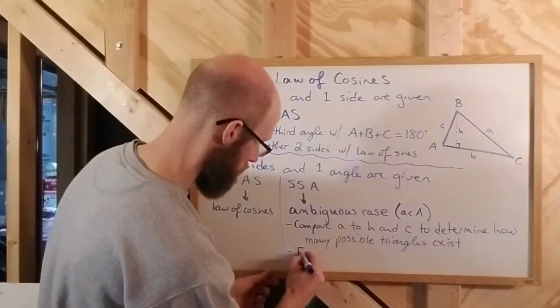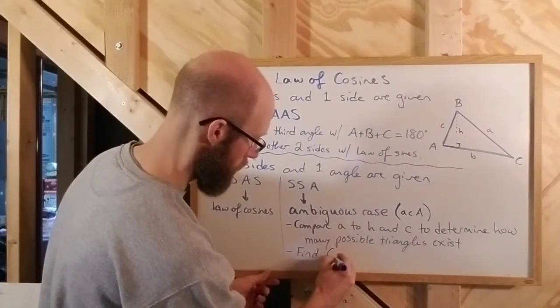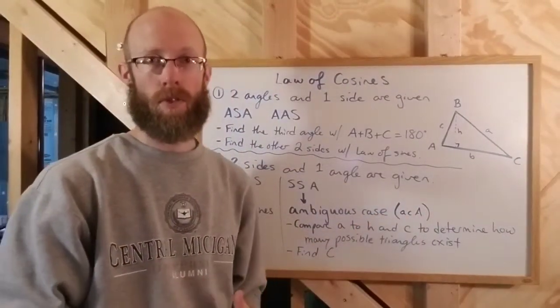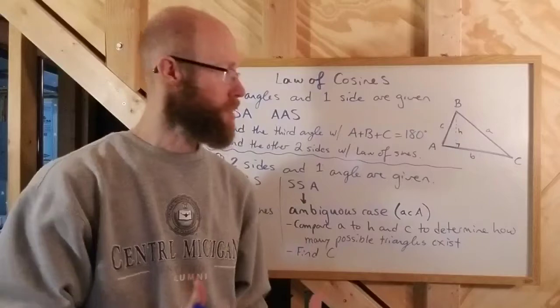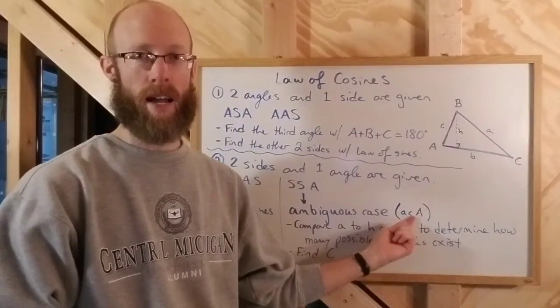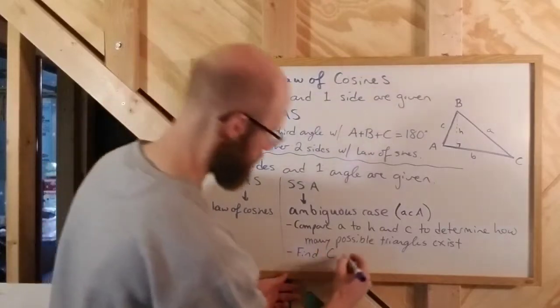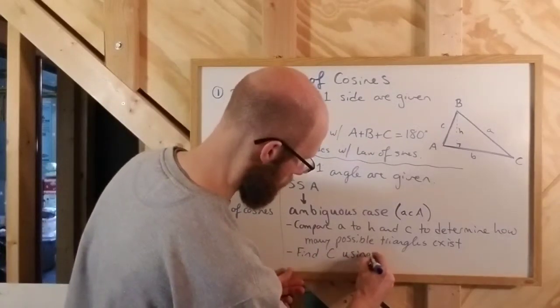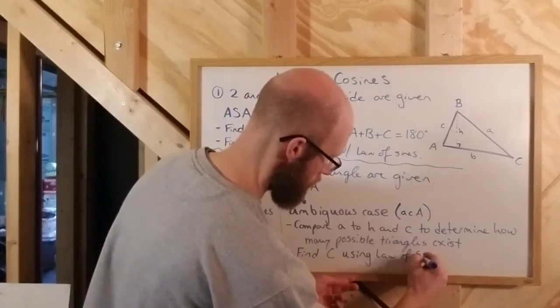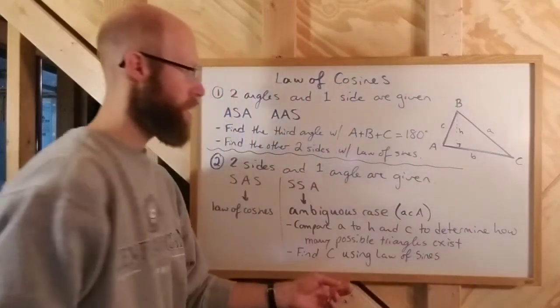So find big C. Now, of course, if the letters here are different, then you just have to adjust things to make sure that you're finding the angle opposite this middle side here. So find C using law of sines. Okay?